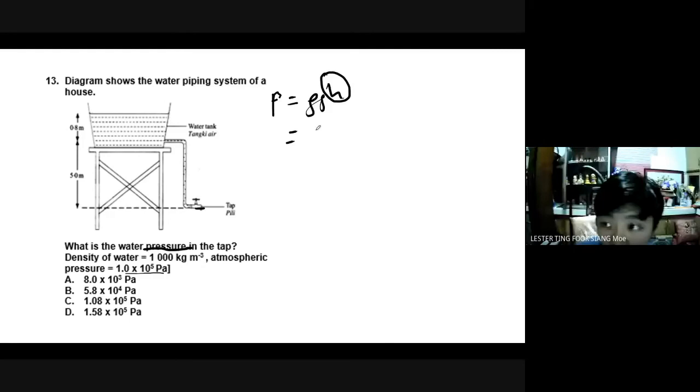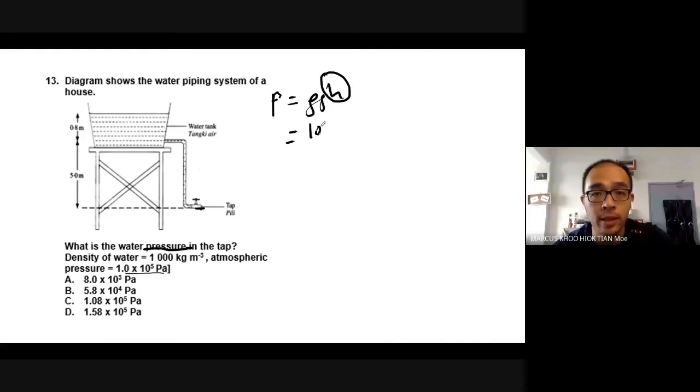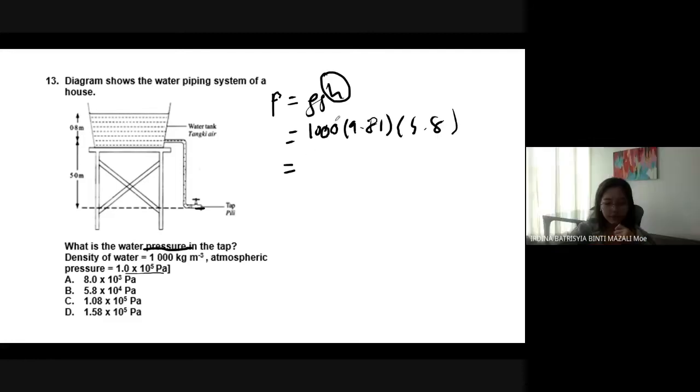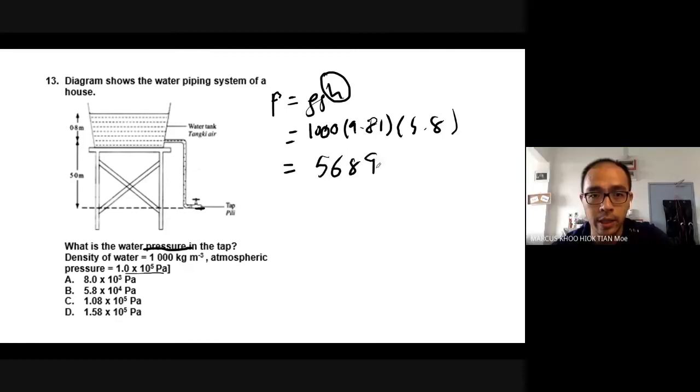5.8. Okay, I should use 5.8. So 1,000 times 9.81, then times 5.8. Okay, what will my answer be? 56,898 pascals. Okay, and this is because we haven't studied this.